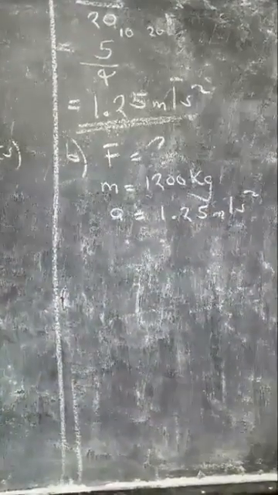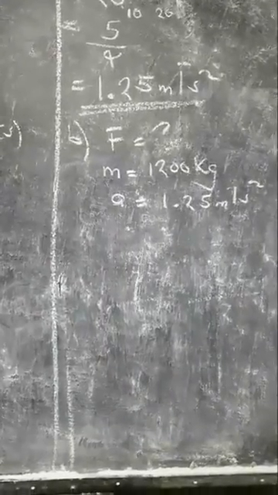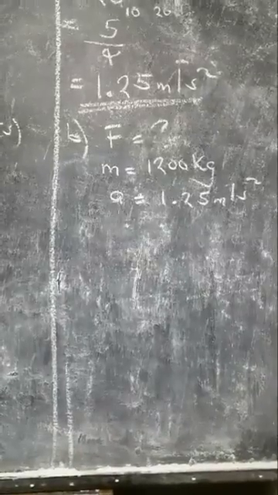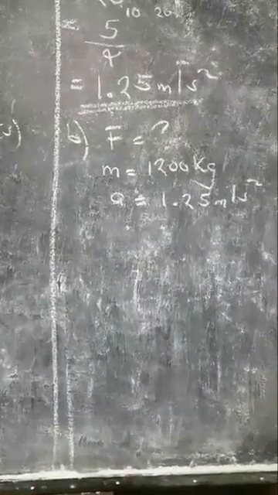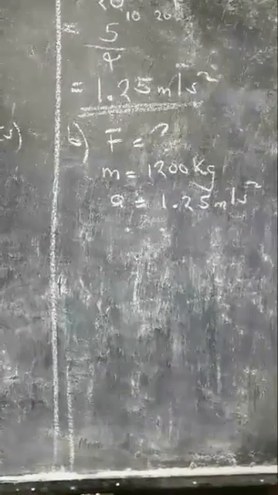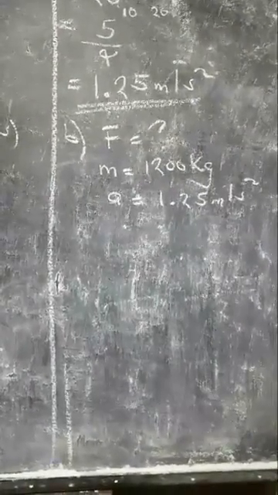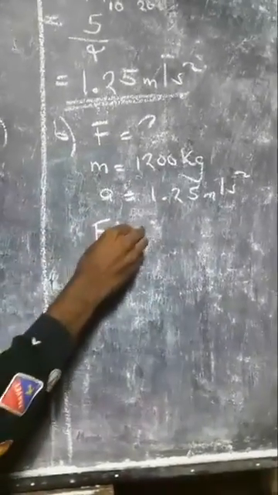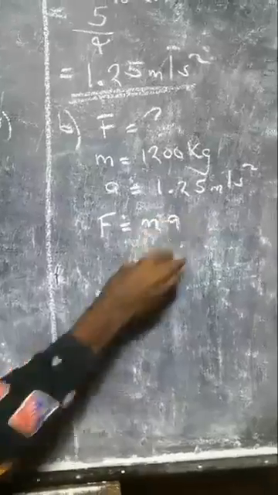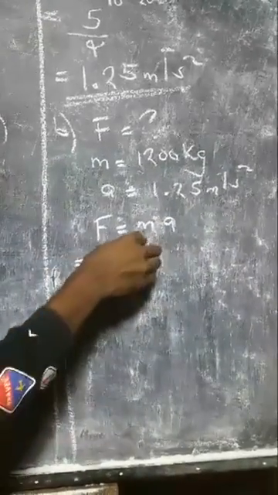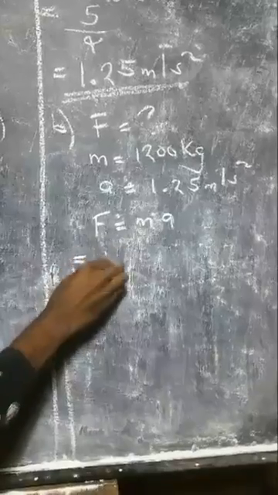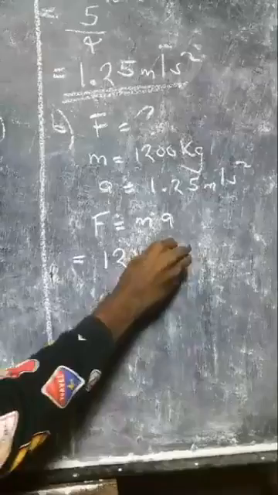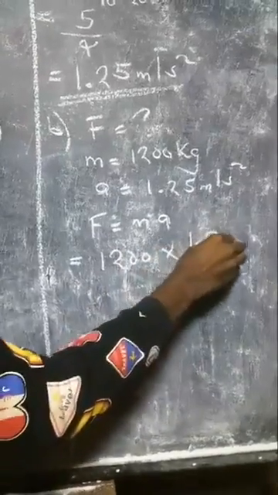So mind you, mass must be in kg and acceleration must be in meters per second squared. So definitely we can use our formula. We know force is equal to mass times acceleration. Force is equal to ma. What's our mass? Our mass is 1200. Then a is equal to 1.25.